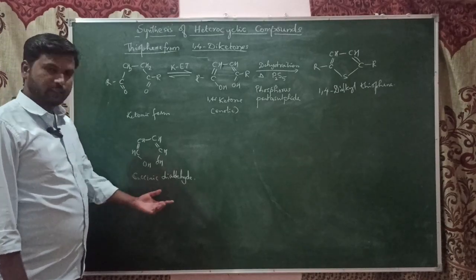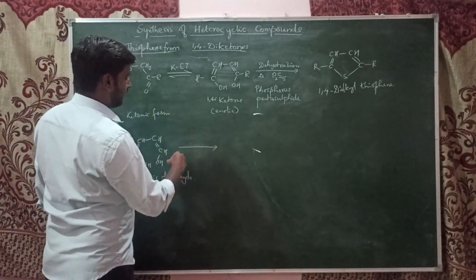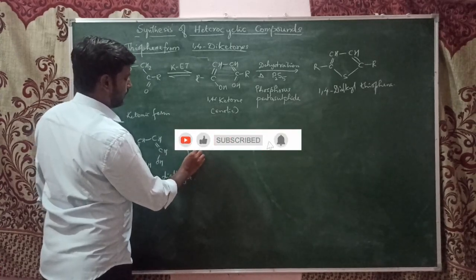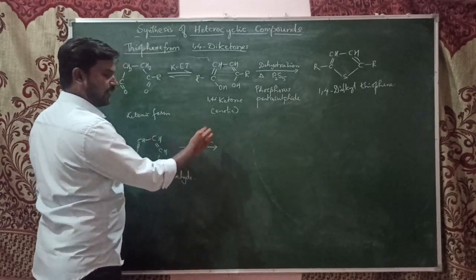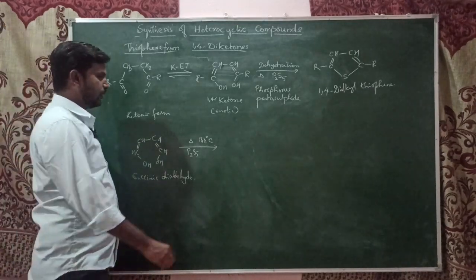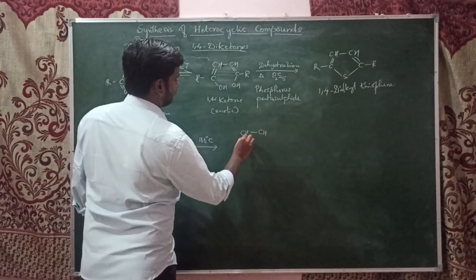So succinic dialdehyde, when it undergoes dehydration in the presence of phosphorus pentasulfide, I think it just needs 100 degrees centigrade. Here we will get thiophene as a product.